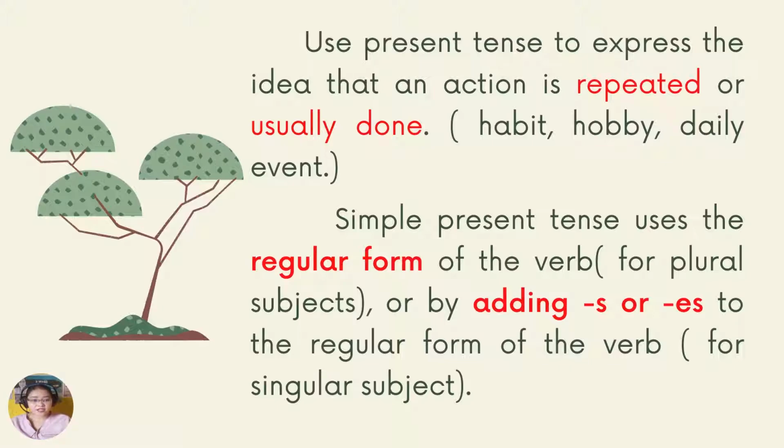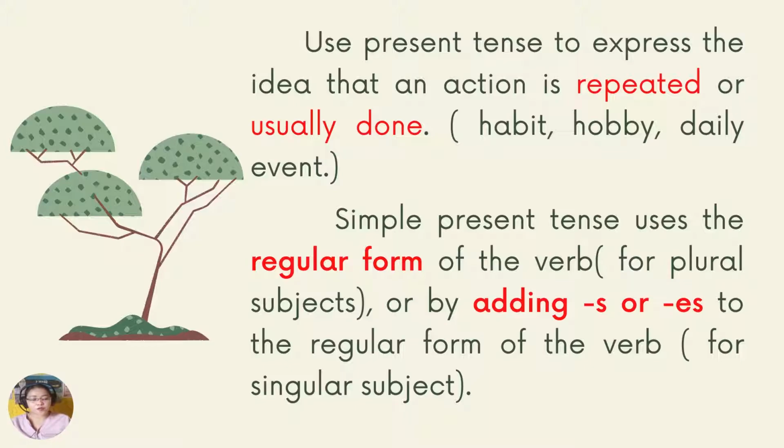Use present tense to express the idea that an action is repeated or usually done. Again, repeated or usually done. For example, your habit, hobby, or daily event. Simple present tense uses the regular form of the verb for plural subjects, or by adding s or es to the regular form of the verb for singular subjects.